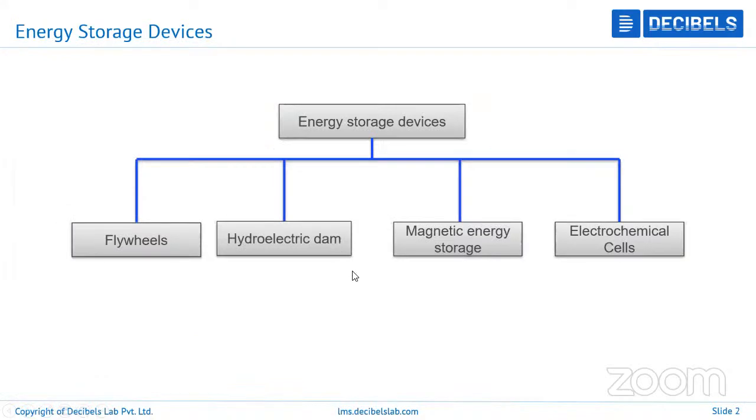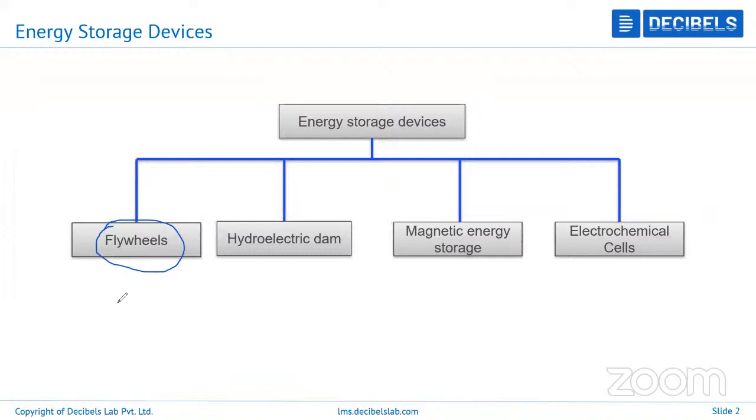That will be on understanding the different energy storage devices. Before we jump into batteries and cells, let's first look briefly at what the different energy storage devices are. The first one we see is flywheels. These are rotational elements that store rotational kinetic energy and convert it into useful mechanical energy as and when desired.